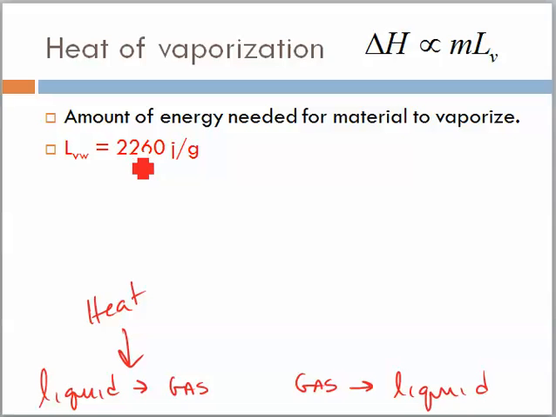And every 2,260 joules, you'd have 1 gram of water that changed from a liquid to a gas. If you're going the other way, from a gas to a liquid, heat would be escaping. And for every 2,260 joules of heat that has escaped, you'll have 1 gram of vapor, gas, that turns into a liquid.